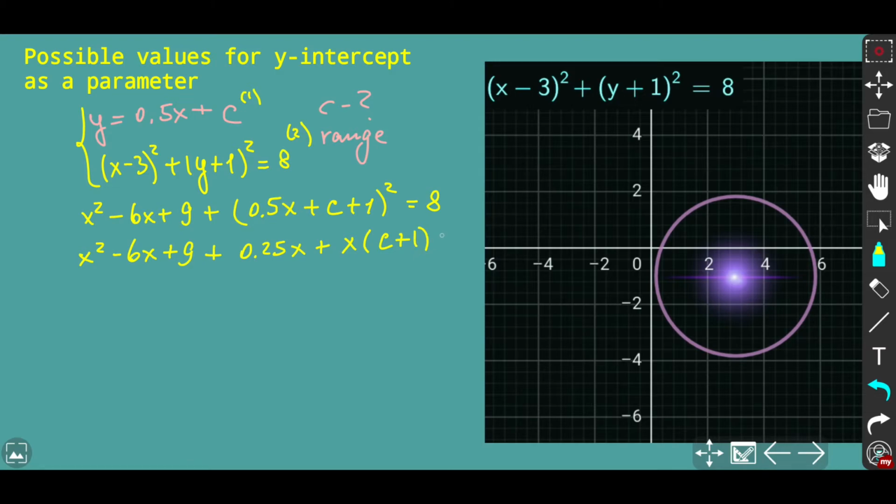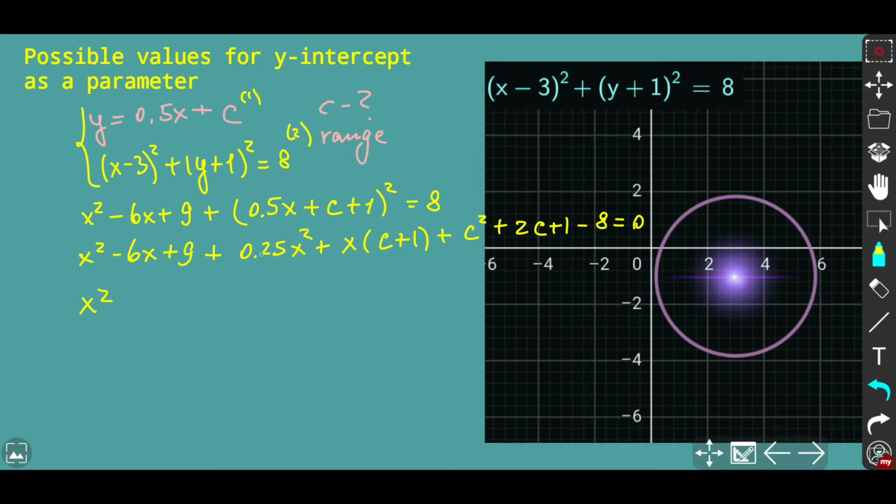And then I'll square c plus 1, which is going to be c squared plus 2c plus 1. And I also transfer 8 to the left side. So that's more about how well you can simplify this polynomial as a quadratic. I hope you understand how to work with quadratics. Now, next, I'm going to do that. Oh, my bad. So 0.25x squared, of course.